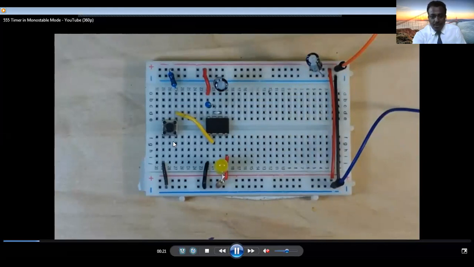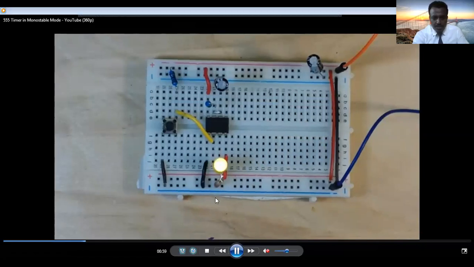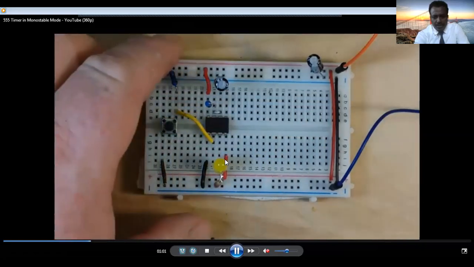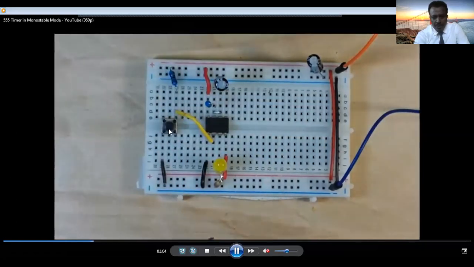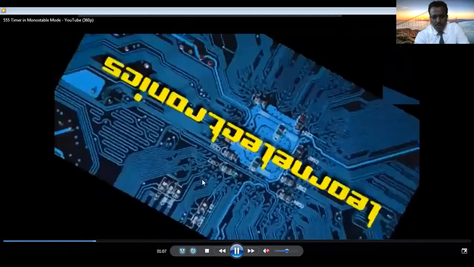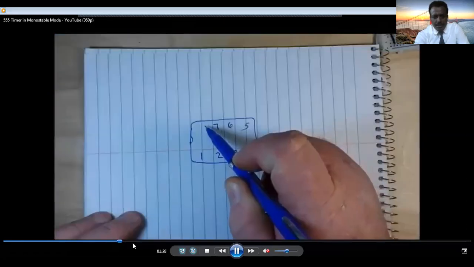Now it remains in 1 state unless we apply the input. Look here. Now it is off. Off state is stable. When you apply input, it will change the state.